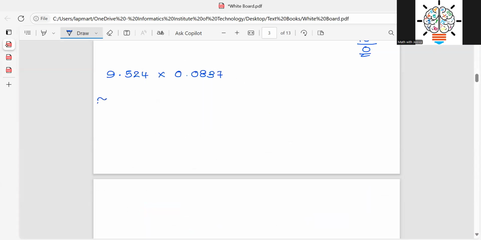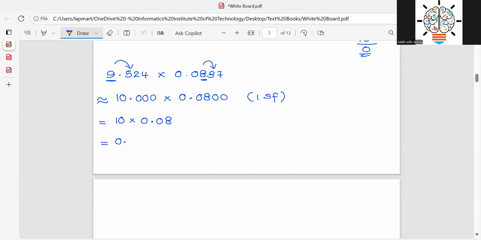So then approximately, when I correct this to the first significant figure, it becomes 10.000, and this is the first significant figure. Look at the next number, that becomes 0.0800, and here I write first significant figure. So this is equal to 10 multiplied by 0.08. So then the answer is 0.8.